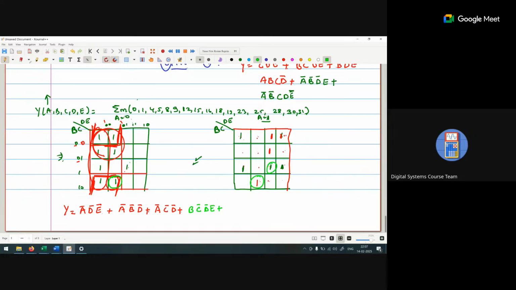When this group is overlapped with this one, it becomes B, C, D, E. Okay. In the first matrix, all min terms will be covered.